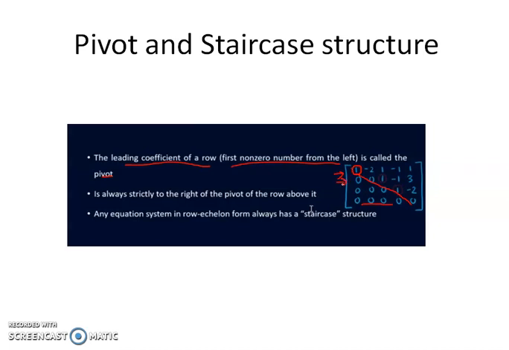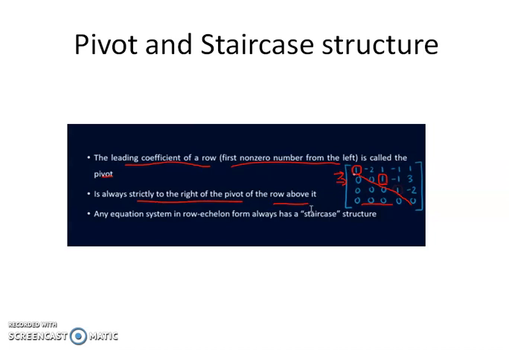The second row's leading coefficient comes over here and it is non-zero, so it is the pivot. The pivot should always be strictly to the right of the pivot of the row above it.